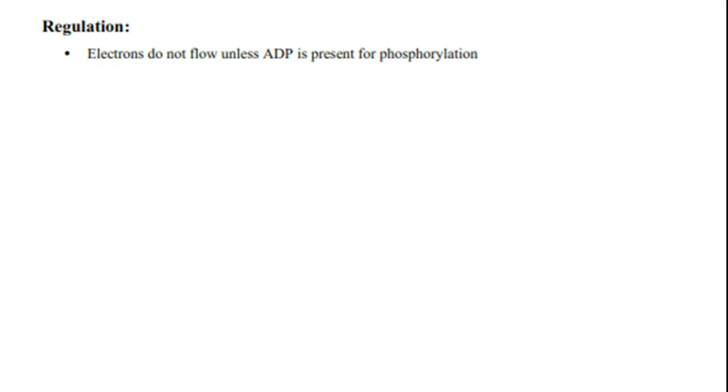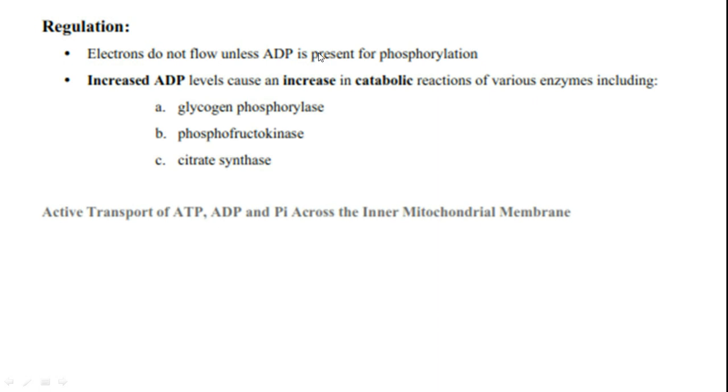Higher concentrations of ATP block the citric acid cycle, and thereby indirectly block the electron transport chain. In the electron transport chain, electrons do not flow unless ADP is present for phosphorylation. So one of the key regulators of the electron transport chain is adenosine diphosphate.